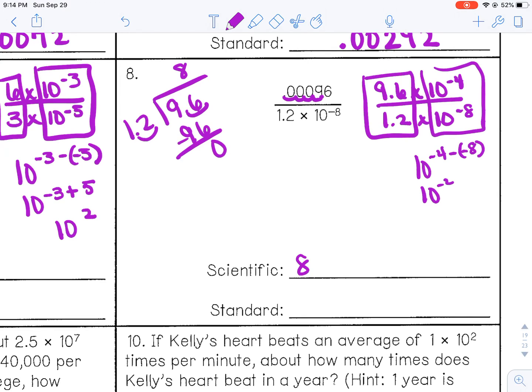So keep, change, change. Okay, and negative 4 plus 8 would be 10 to the fourth power. Okay, all right. Now we have to move the decimal over to the right 4 times. 1, 2, 3, 4. So our answer is 80,000.